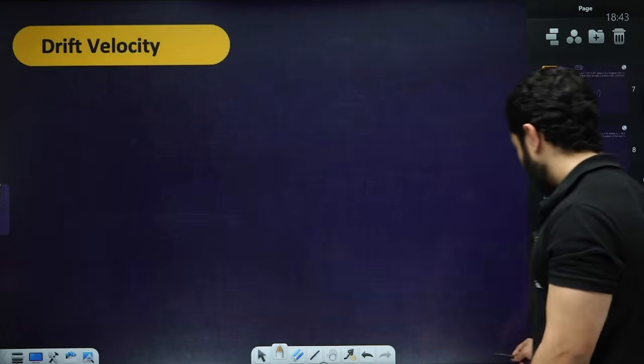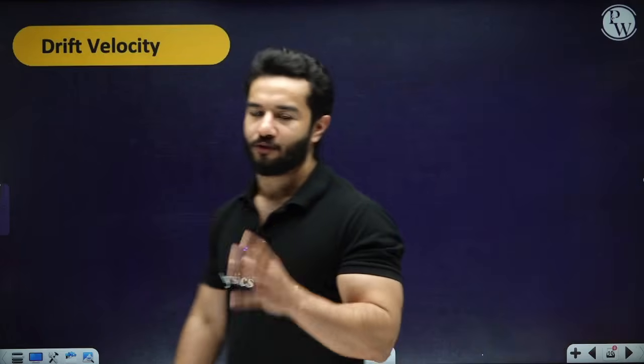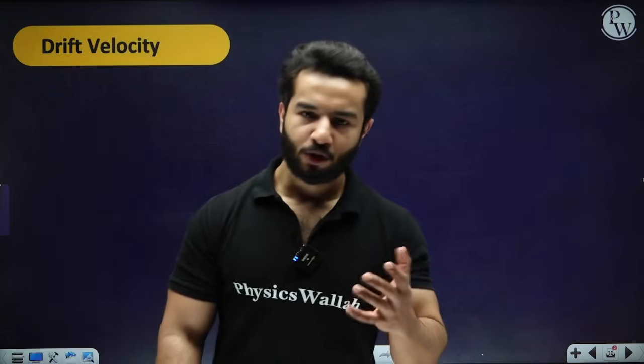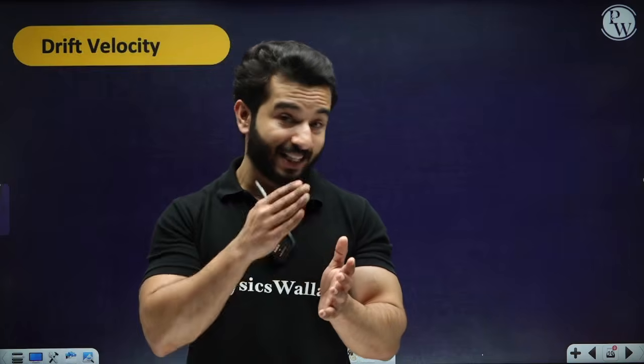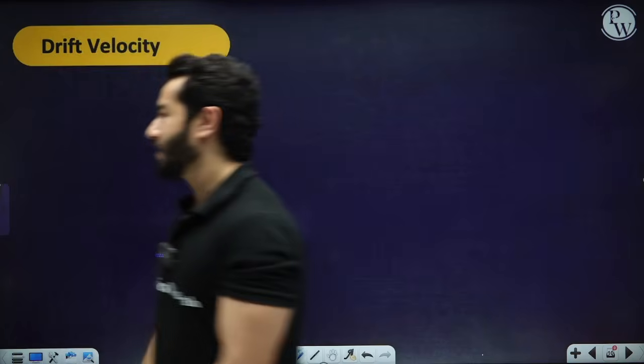Now let's talk about something that is called drift velocity, right? Because it's a one shot video, I'm going to straight away dive into what drift velocity is. Obviously, then I'm going to explain each aspect of it.